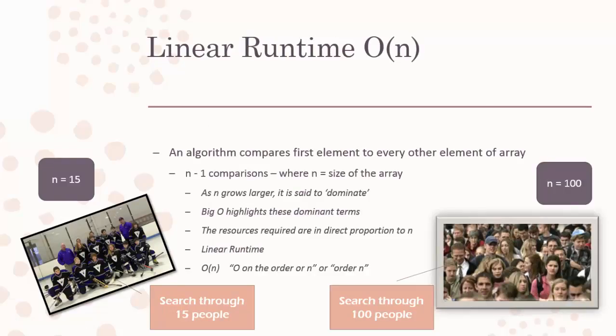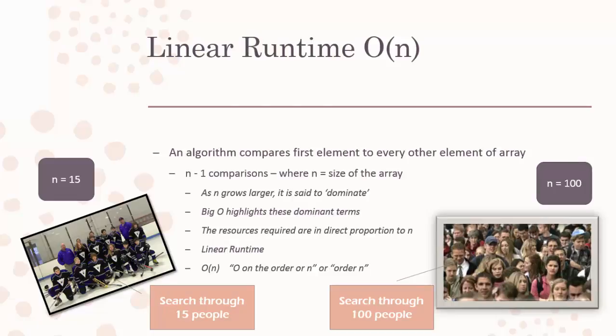Now a linear runtime is when an algorithm compares the first element in an array or some element to every element in an array. So say for example, if we have 15 people that we're searching through, we can search through all of them for information much faster than we can a grouping of more than 100.